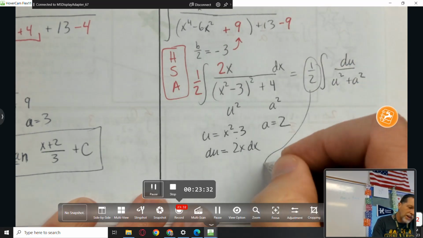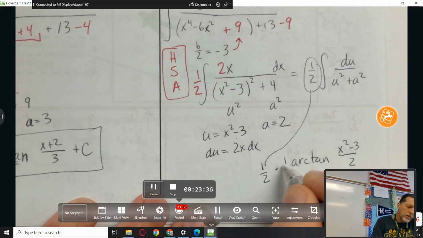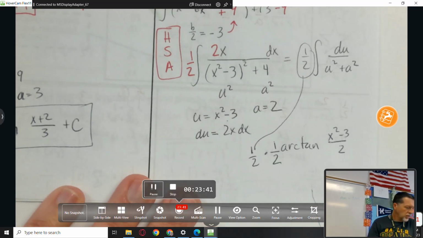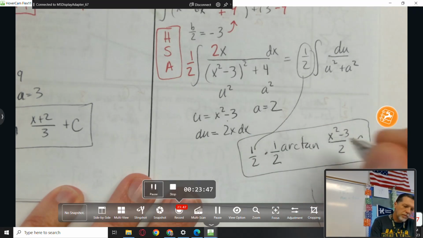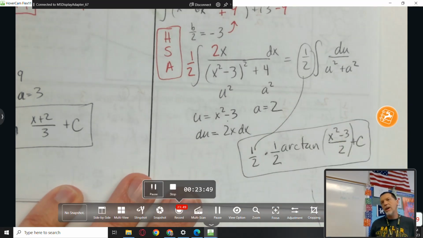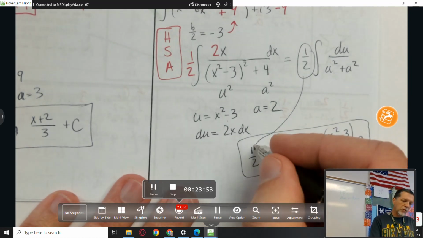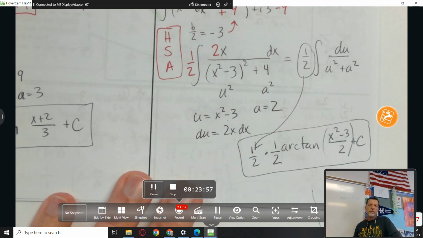Yeah, there's a 1/2 from the chain rule stuff, but there's also a 1 over a component as well. So there's a 1/4. You can write it as 1/4, or you can just leave them separate to note that one of them came from the chain rule stuff and one came from the arctan rule.